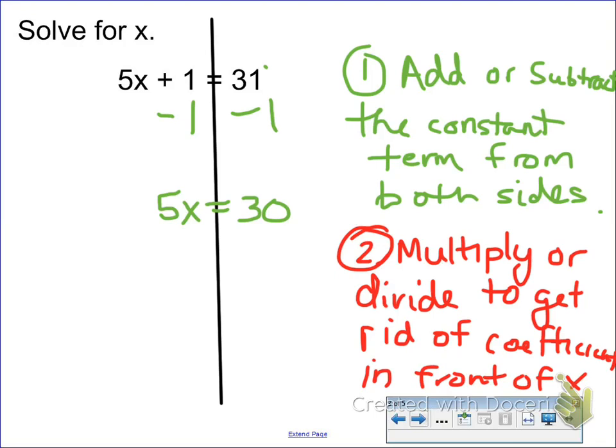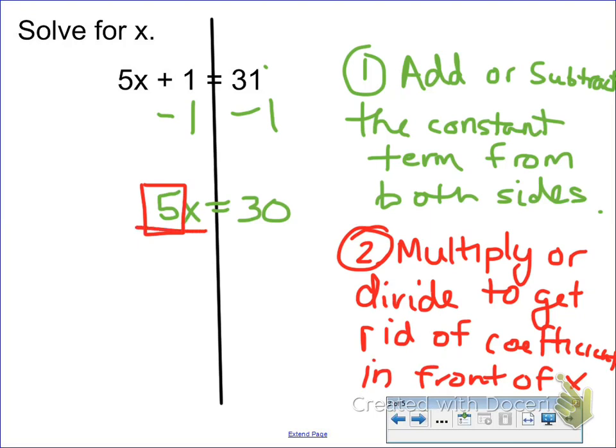So here the coefficient is going to be a 5 that's in front of the x. A coefficient is just a number that is multiplied with another term. Okay? More often than not, it's a variable. So we have a number that's multiplied with a variable.